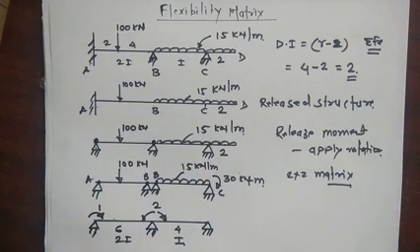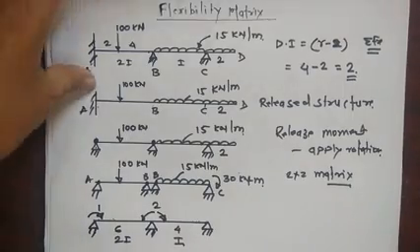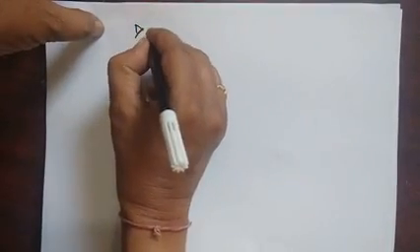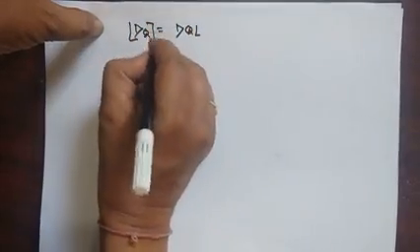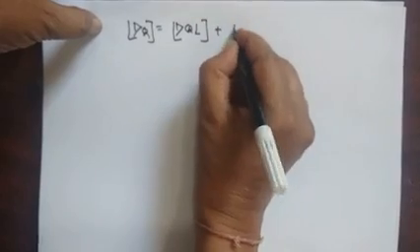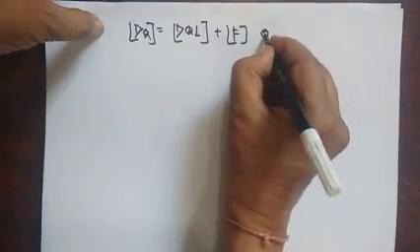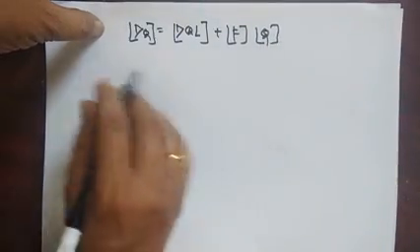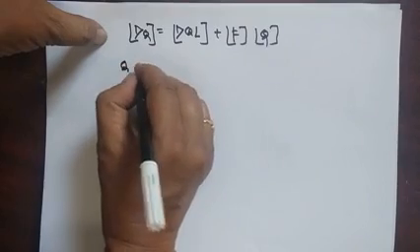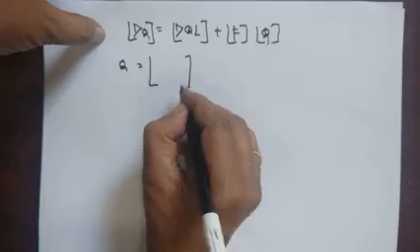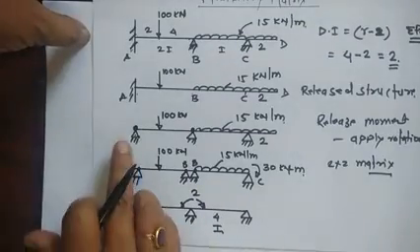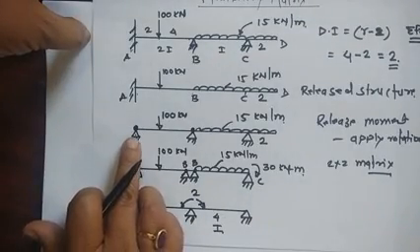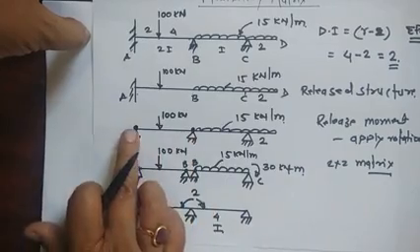So now we develop the matrices here. Now we know that this formula is DQ is equal to DQL plus F matrix into Q matrix. Here the Q matrix is the unknown forces, meaning the forces that we release. In our case, we have released the moment at A and moment at B. This is our coordinate 1 and this is 2.